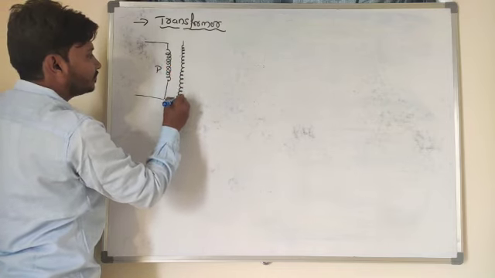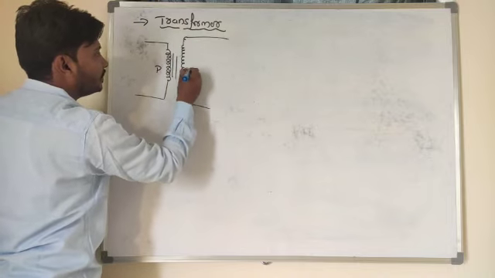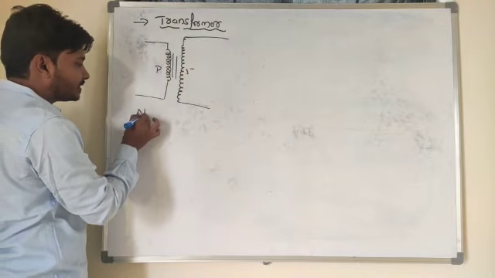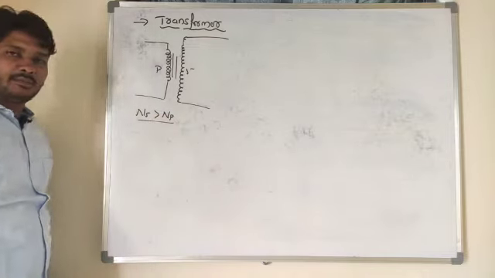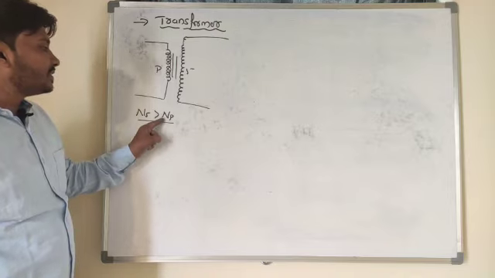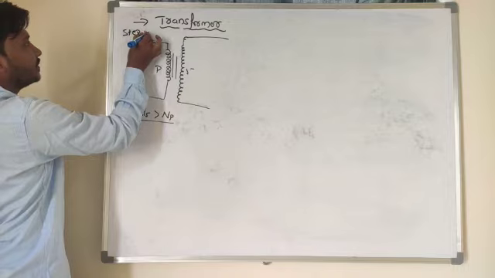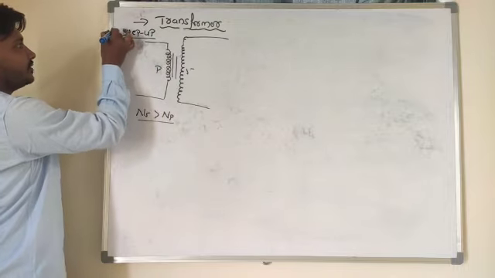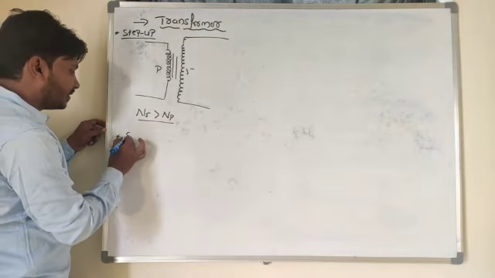In a step up transformer, the number of turns in the secondary coil should be greater than the number of turns in the primary coil. So look here, the number of turns in the secondary coil is greater than the primary coil in case of a step up transformer.